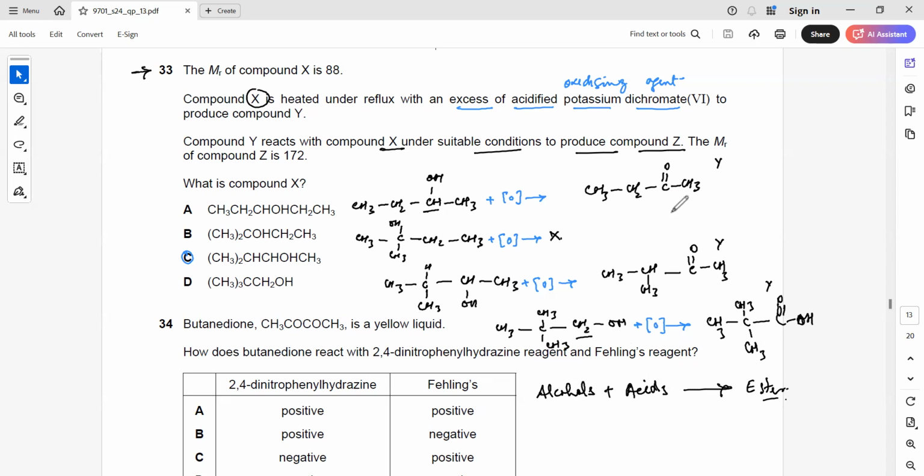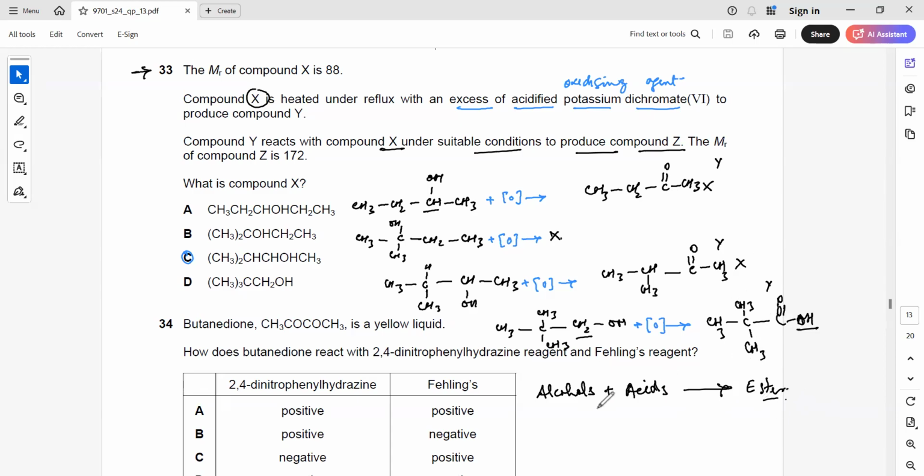We know option A is producing a ketone, and ketones do not undergo esterification with the alcohol. So it will not be A, and it will not be option C. This one is an acid, so it can react with compound X and give us an ester.